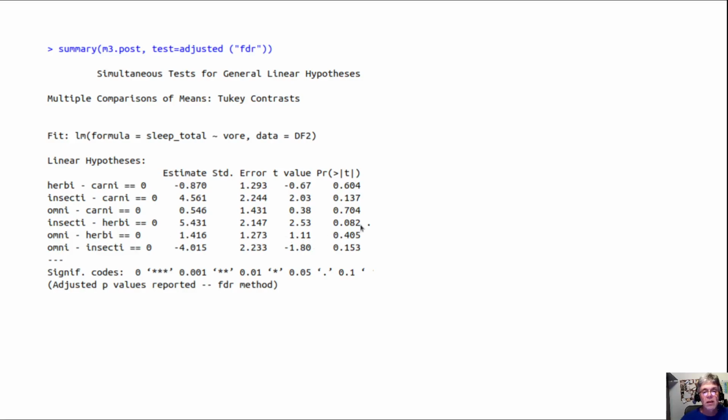Now we see that the only groups that are somewhat closer to being significantly different from 0 are insectivores and herbivores, and this is obviously not statistically significant after adjusting for the false discovery rate.